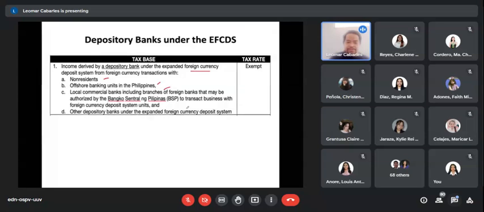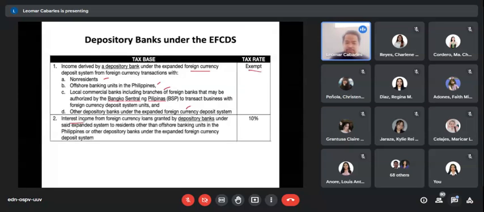Pero kung meron siyang interest income from foreign currency loans, okay, sa residents, other than offshore banking units or other depository banks, subject siya to 10%.